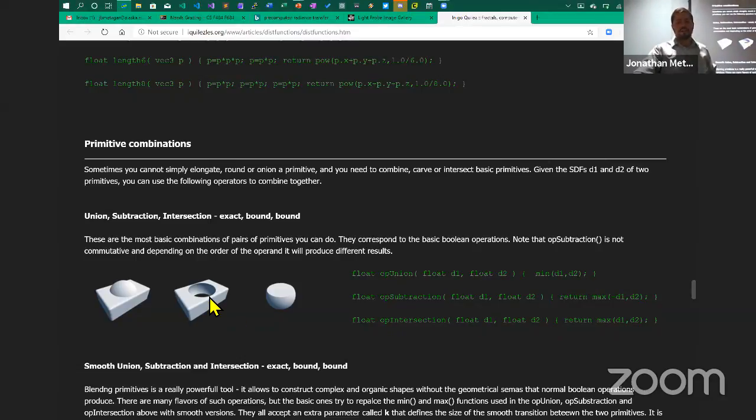If you want to subtract, then you take the maximum of minus the first distance and the positive of the second distance. What this has the effect of doing is inverting the shape, right? Because if it returned positive, that means we're inside the shape, and if it returns negative, we're outside the shape.